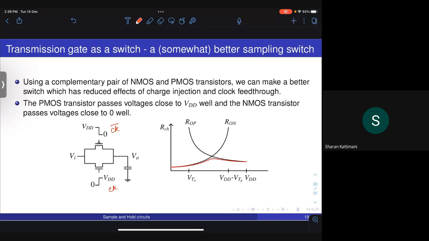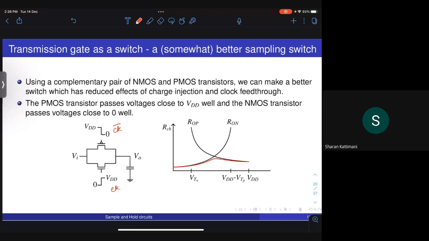So if you look at them independently, the on resistance of the NMOS switch looks something like what is shown in this curve here. It's very low for input voltages close to 0. As the input voltage reaches close to VDD minus VTN, in fact this should be VDD minus VTN, this is a mistake, the transistor turns off and you get a very high impedance.